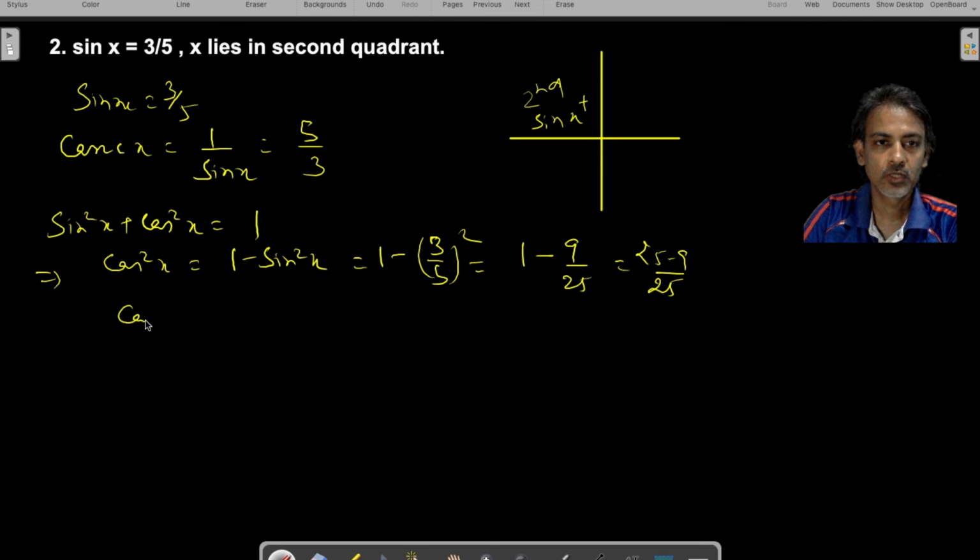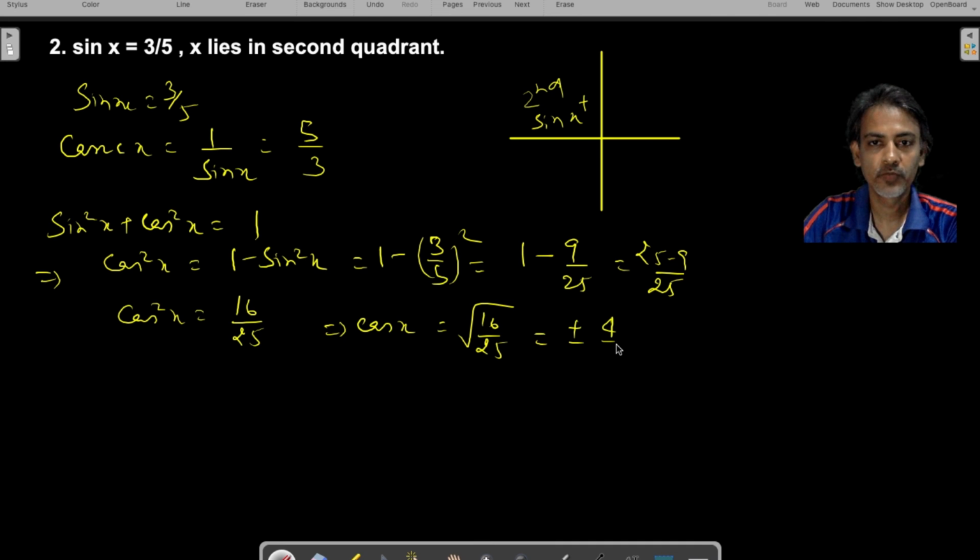So cos square x is 16 upon 25. So cos x is the square root of 16 upon 25, which is plus and minus 4 upon 5. Now we know that in this quadrant cos would be negative. This implies cos x is minus 4 by 5.